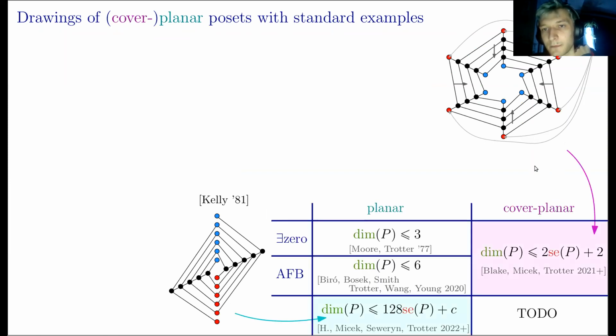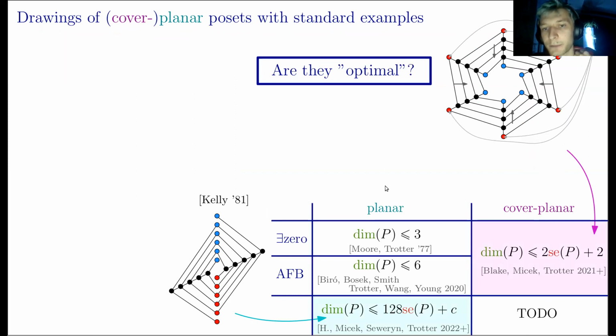I put arrows here showing which case they witness. This one witnesses that in this case dimension is unbounded, and this one witnesses that in this case dimension is unbounded. And as I said, the question is, are these drawings optimal?